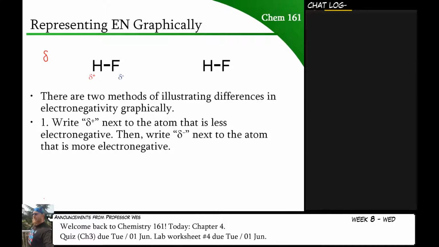The lowercase delta is used for partial derivatives. Now, we're not going to do calculus in this class, obviously, but there is precedent that delta is used to indicate part of something.